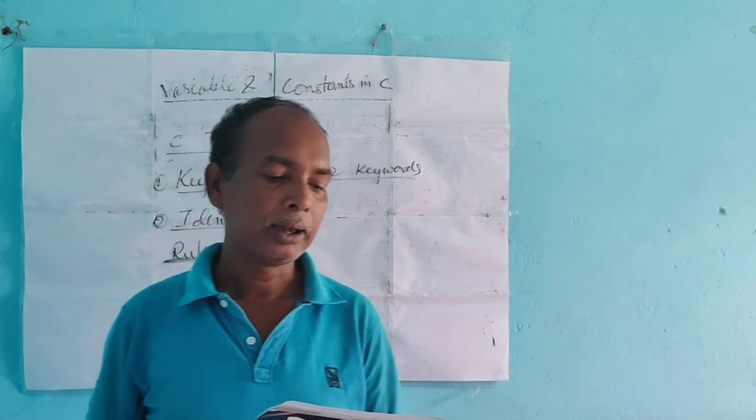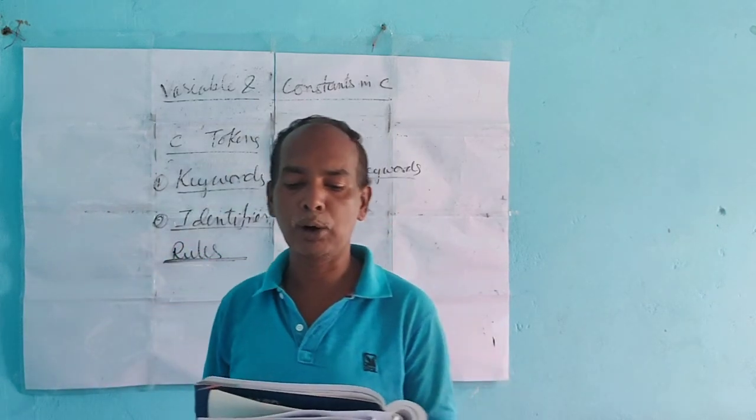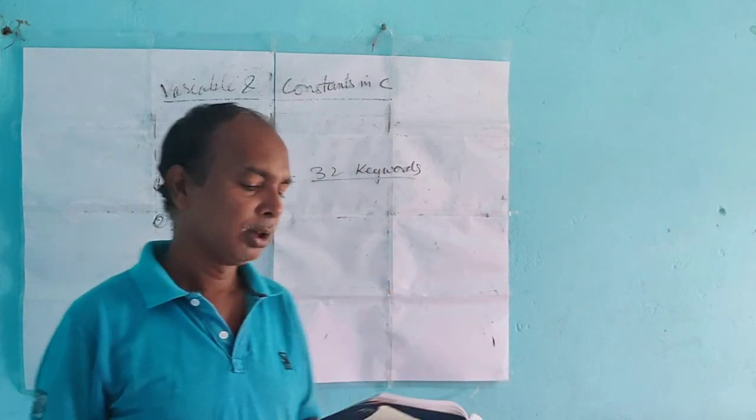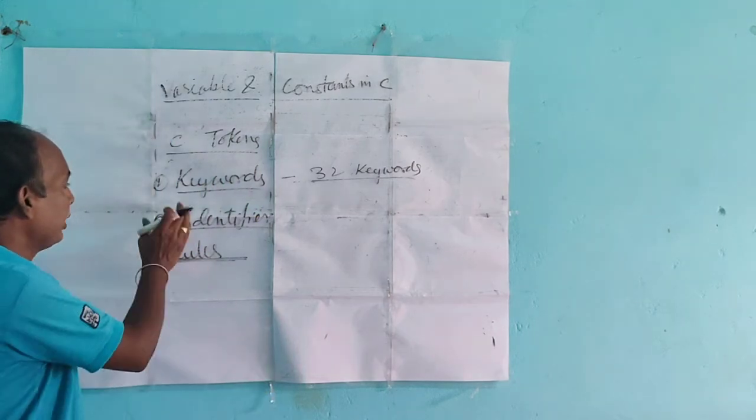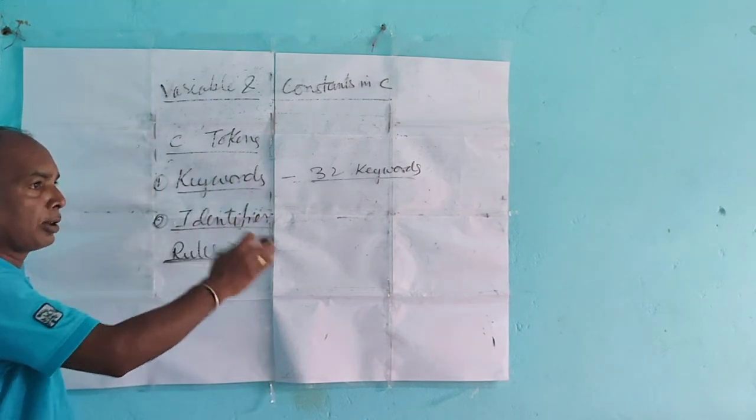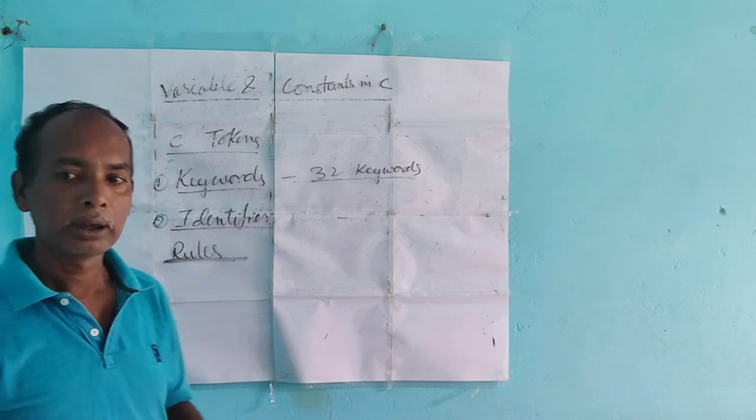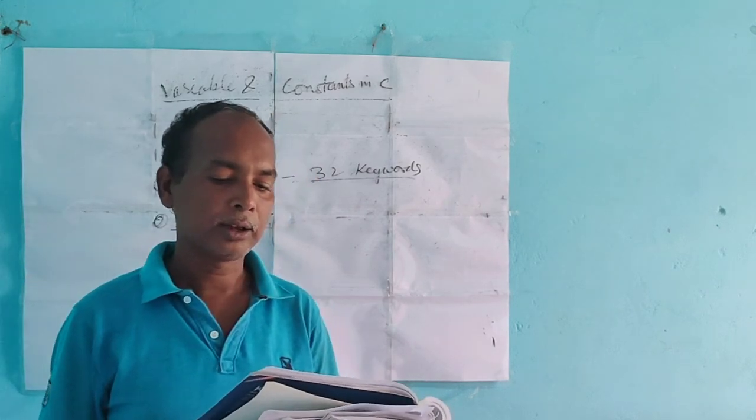Rule number one, it is a sequence of one or more letters. In an identifier, you can use any letters from A to Z, small letter or capital letter.